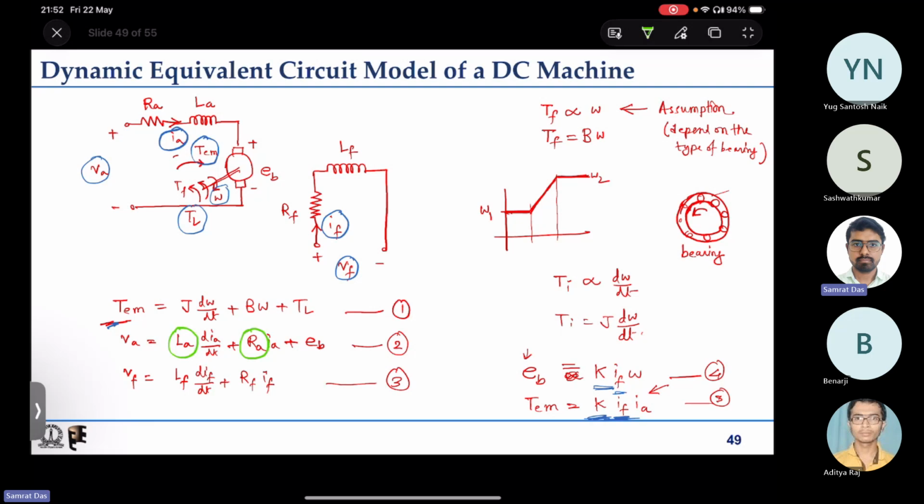But that is also not strictly true, because the current changes the temperature, and temperature changes the resistivity of the material slightly. So strictly speaking, the armature winding resistance is in some way a function of the current itself.